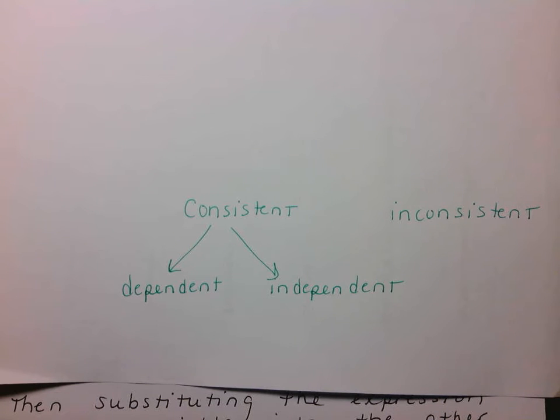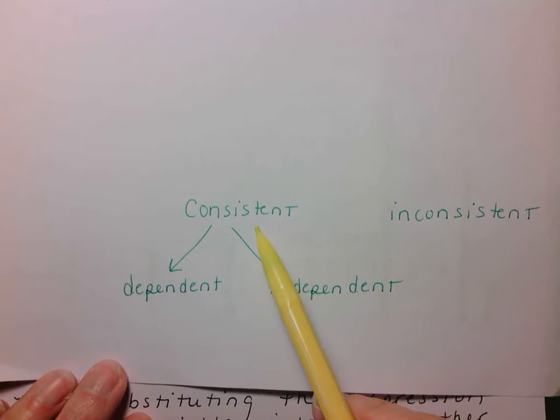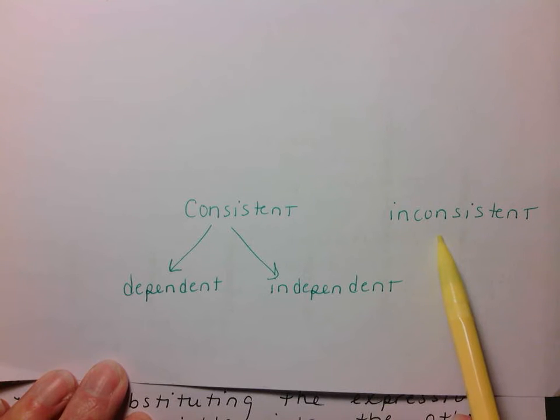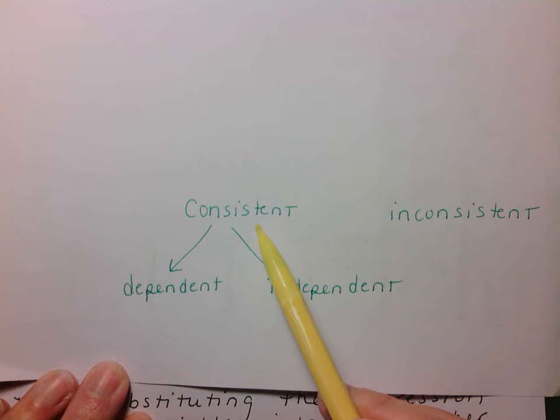They're graphed together on the same plane, and there's more than one, so you have a system of linear equations. A system of linear equations can either be consistent or inconsistent. If it's consistent, it has at least one solution. There's at least one coordinate point that will make both of the equations true.